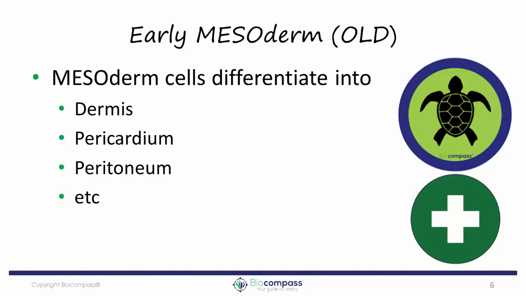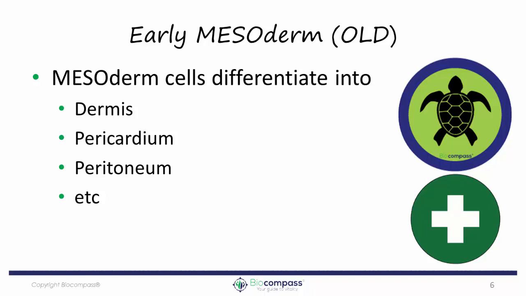Also the early mesoderm, the old type of tissue, has cell plus in the adaptation phase, because it's old type tissue. It's the blue border around it, right? So they build more cells in the adaptation phase.